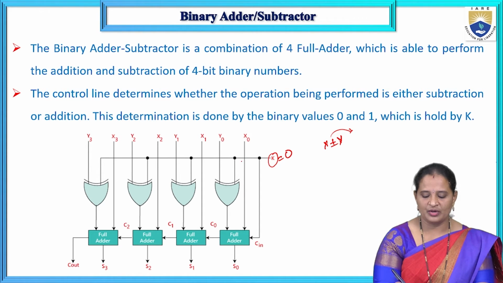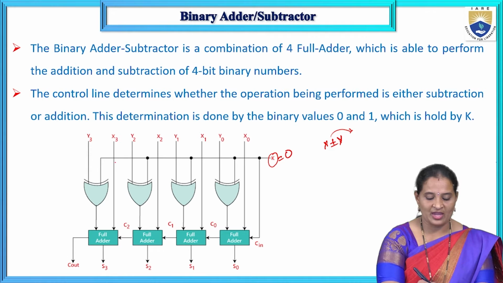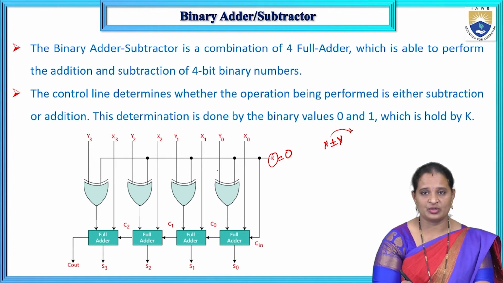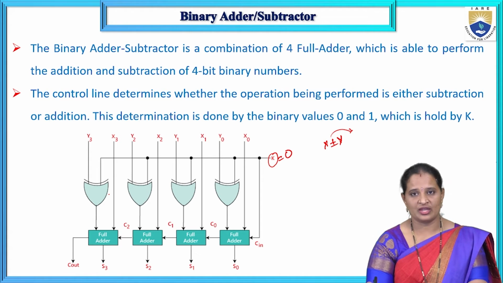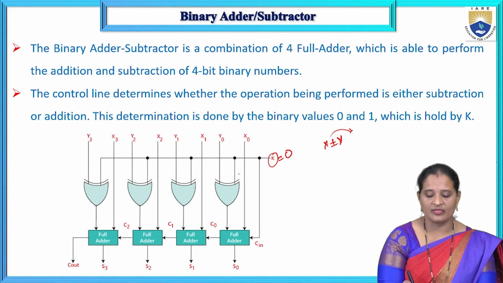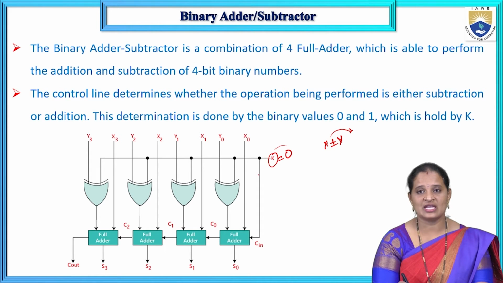Here one input to all the full adders is one of the bits of x, that is x0, x1, x2, x3, where before applying the y input to the full adder, it is first applied to the exclusive OR gates, where the other input to the exclusive OR gate is k, where k is a control line.